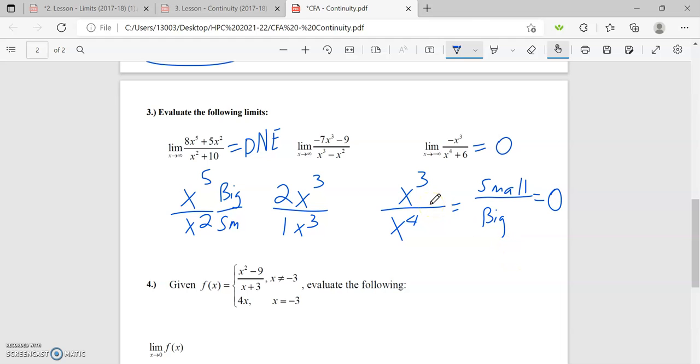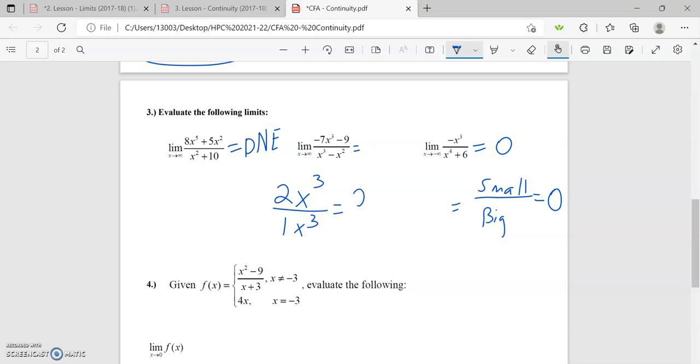Now, with all of that in mind, I'm going to kind of reduce some of this, so it's not as messy. Let's focus on the middle one. If the rate at which my top and bottom get bigger is the same, so if they get bigger on the top and the bottom at the same rate, what we find is that the ratio of the coefficient of that big term is the limit of our function.